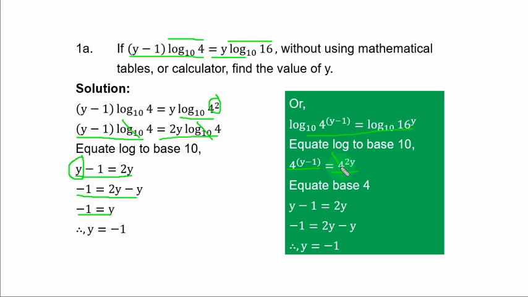You can equate base 4 again, and you are left with y minus 1 equal to 2y. You collect like terms, you have minus 1 equal to 2y minus y. If you subtract, y is equal to minus 1. Whichever way you understood the question, you can solve it.